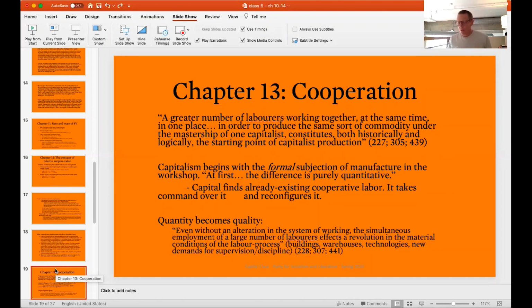So as cooperation increases, even without changing the working system itself, just by bringing in more laborers, there's a revolution in the material conditions of the labor process, right? So you need bigger and different warehouses, transportation systems, technologies, and also demands for supervision and discipline.